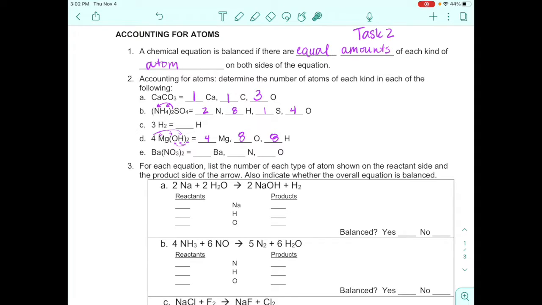Hydrogen, remember, is a diatomic. So anytime a diatomic element is by itself, it's going to have a little 2 next to it, and most of them are a gas. So hydrogen, nitrogen, oxygen, fluorine, and chlorine are all gases. Bromine is a liquid, and iodine is a solid at room temperature.